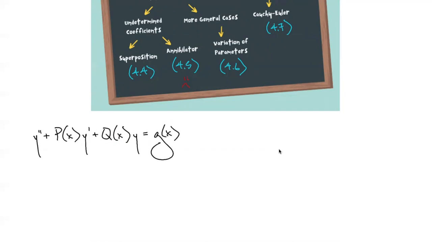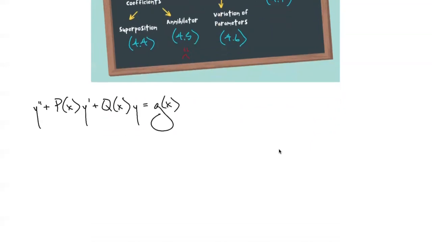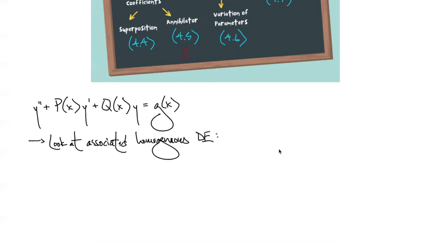Now, the way this is going to work is this. When we think about solving these, our first step will be to look at something we call the associated homogeneous differential equation, meaning what if we had just the left-hand side and it was equal to 0?